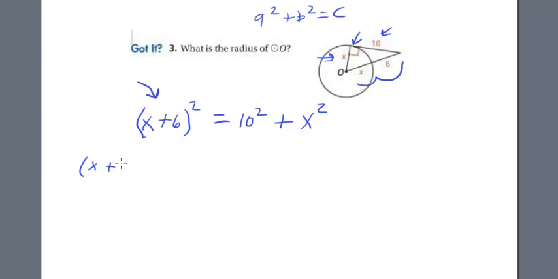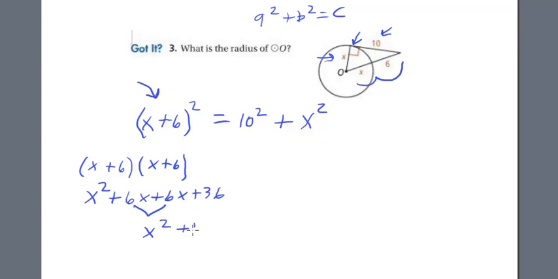So x plus 6 squared is the same as x plus 6 times x plus 6, and we distribute that using FOIL. I get x squared plus 6x plus 6x plus 36. Combine like terms: x squared plus 12x plus 36 equals, up here, 100 plus x squared.